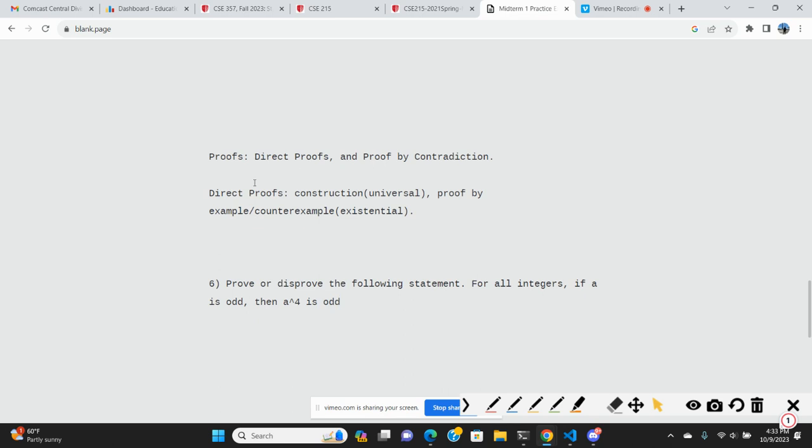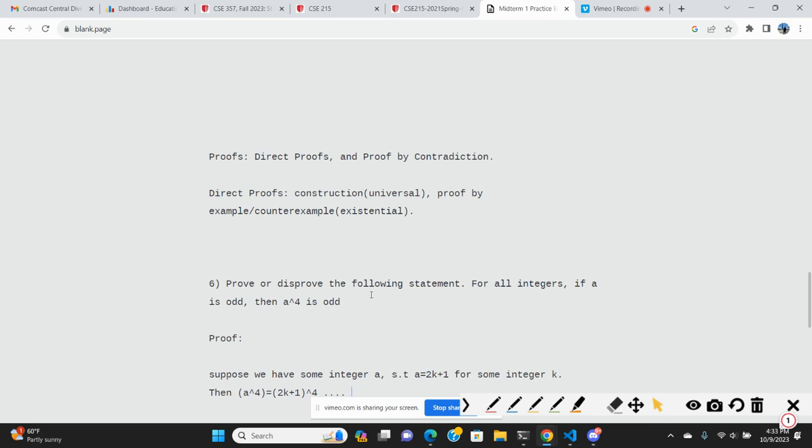If we try to prove this, we're trying to prove a universal. So let's try to do it by construction. So let's have proof. Suppose we have some integer a such that a can be represented as 2k plus 1 for some integer k. Then a to the fourth is equal to (2k plus 1) to the fourth.